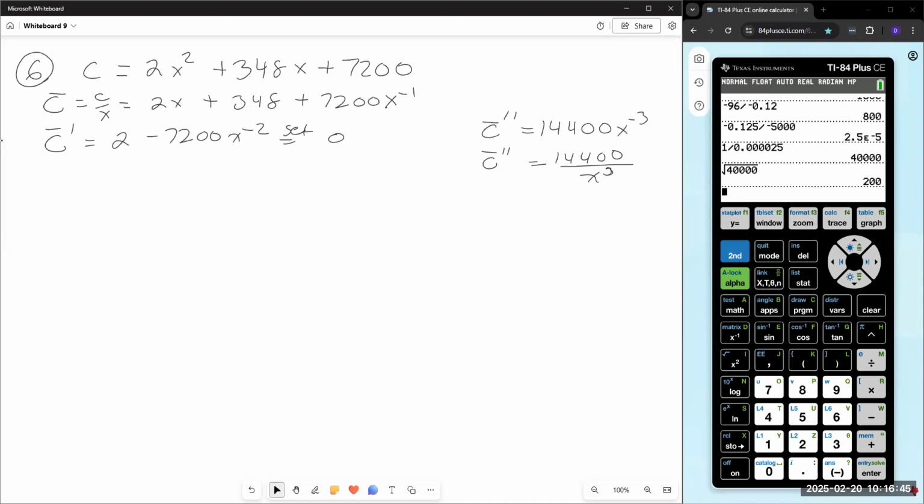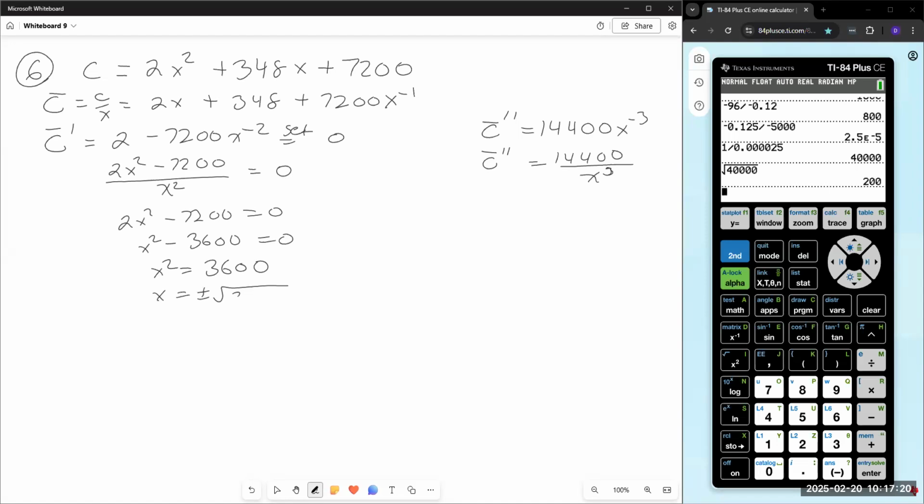So when I set this equal to 0, I'm going to do this a little different than I did last time, where I multiply on the left-hand side by x squared over x squared to put that x squared into the denominator. And then I'm only worried about this numerator being 0. So that's going to be when x squared minus 3600 is equal to 0 and x squared is equal to 3600. X will be plus or minus the square root of 3600, which is plus or minus 60.